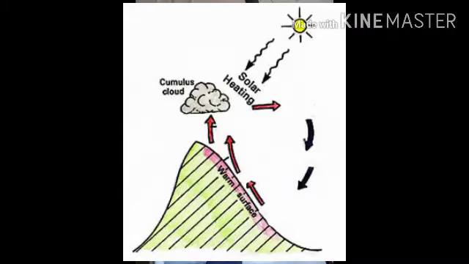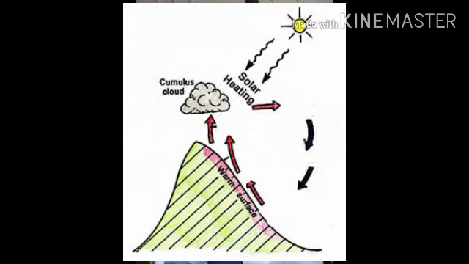Third is local winds. As the name makes clear, these are winds which originate in a particular area and blow over a short area. Like the breeze, a slow air.